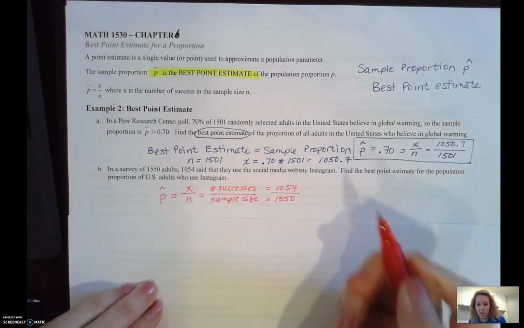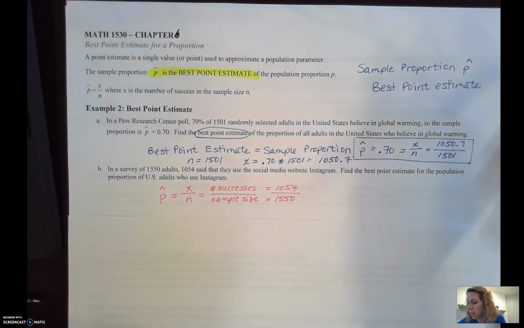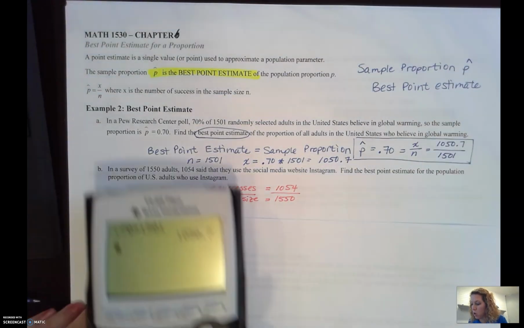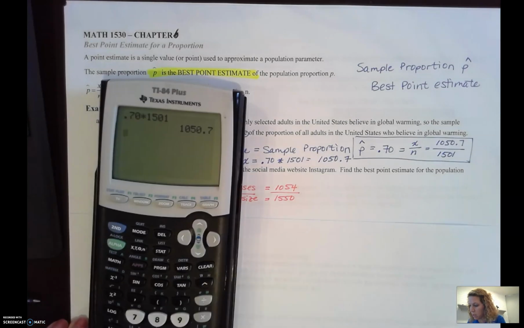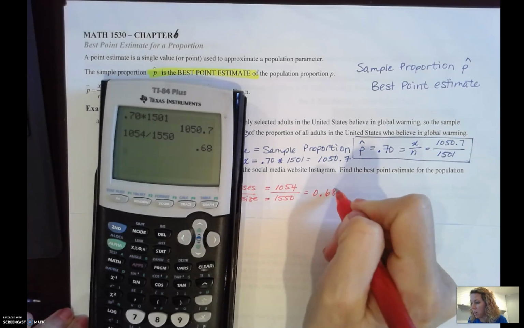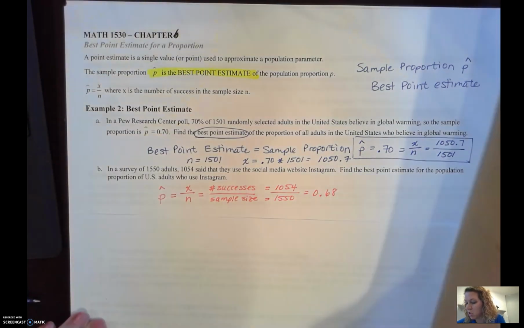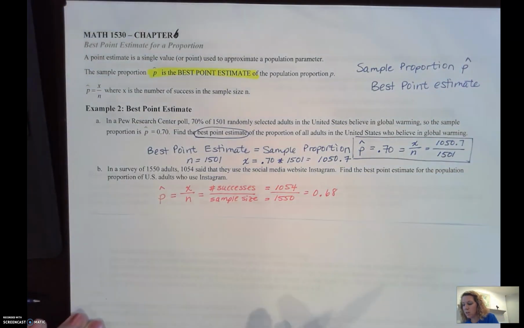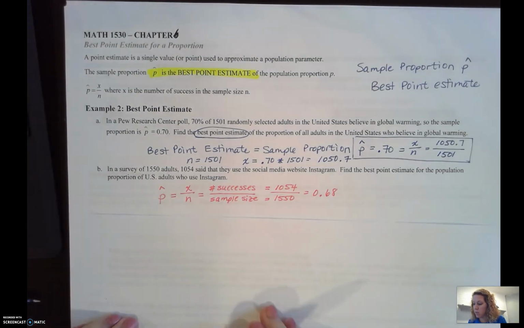So we take that fraction and we can divide it out. We can write it as a fraction, or we can write it as a decimal or percent. So we're going to take 1,054 divided by 1,550, and we're going to get 0.68, or 68% is our sample percentage of adults that say that they use social media website Instagram.